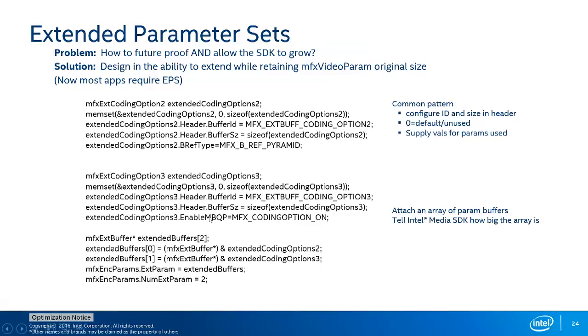So the basic pattern is to set up the buffer, initialize the whole thing to 0, give the buffer ID, which is identifying the type of parameter set, and then also set the size. Because everything is set to 0, you get the default. Then you just want to set everything that is not default, the parameters that you want to change.